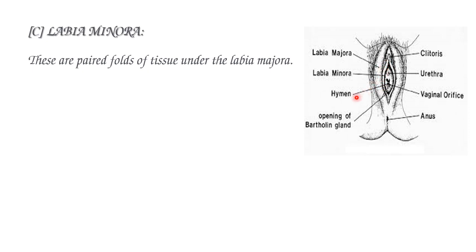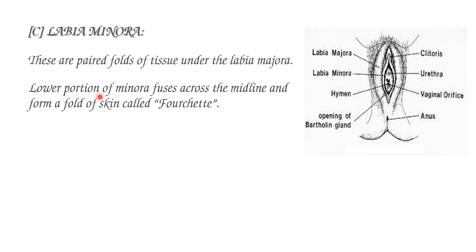The lower portion of the labia minora fuses across the midline and forms a fold of skin called the fourchette. It is the fold which fuses at the lower region.